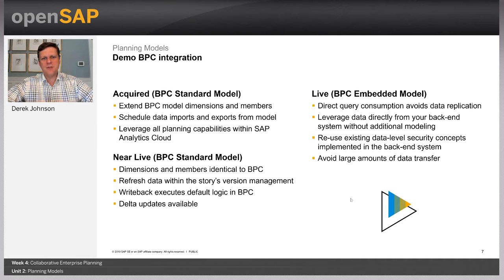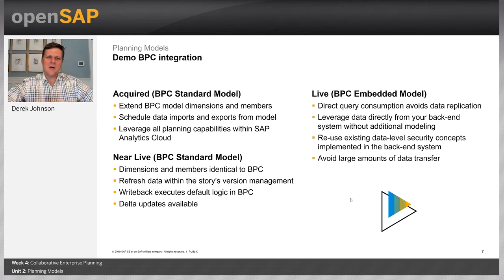When we do that, it's going to write the data back into BPC, and then it'll execute default logic in BPC, and then it'll resynchronize the data between BPC and SAC again. So it refreshes the data so you get the latest view. This is a great way to extend your planning scenario, especially if you own BPC already.